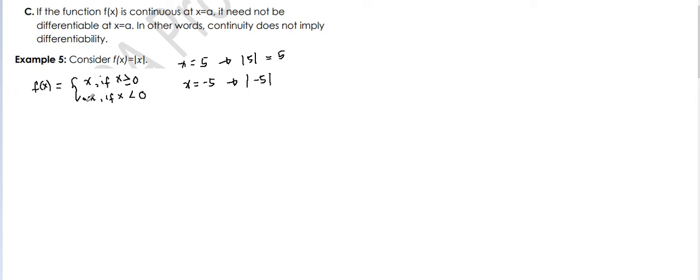Ang sabi dito sa pangalawang sub-function, pag negative yung ating number, kailangan natin maglagay ng negative. Okay? So that means, ilagay natin negative dito para maging positive. So yung ibig sabihin, dalawa yung ating sub-functions pagdating sa absolute value. Kapag ang x ay positive and kapag ang x ay negative. Right.